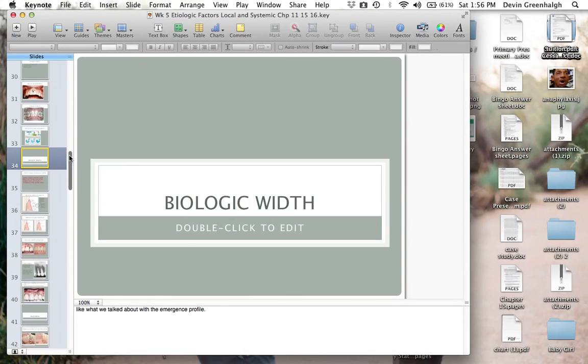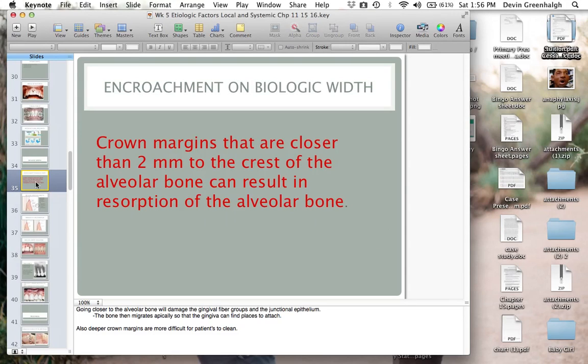Biological width we kind of talked about with the emergence profile. But basically, in order to have biological width, you need crown margins that are not closer than 2 millimeters to the crest of the alveolar bone. Let me repeat that. Biological width is having at least 2 millimeters of space.